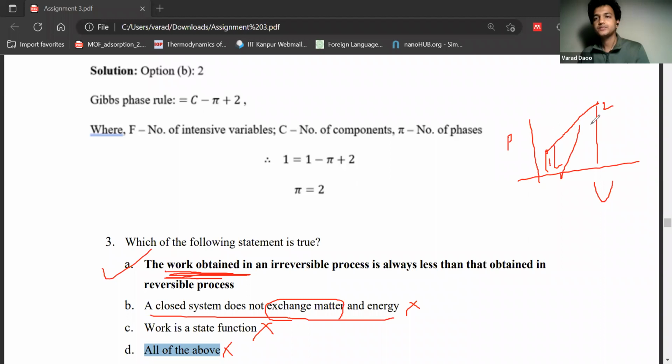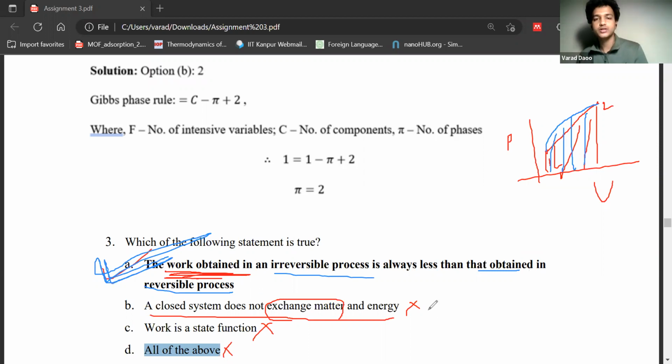Reversible work will be like this, the area under this one, right? So the blue area is greater than the red area, and the blue area represents the work done by the reversible process, right? So clearly, work obtained in the irreversible process, which is the red one, is always less than work obtained in the reversible process. That's why the answer is option A.